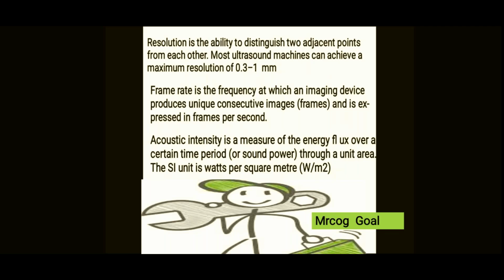So that is the SI unit of the sound power. So what is acoustic intensity? It is energy flux over a certain period of time.